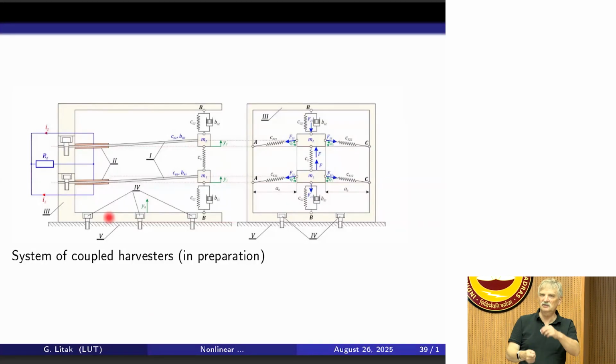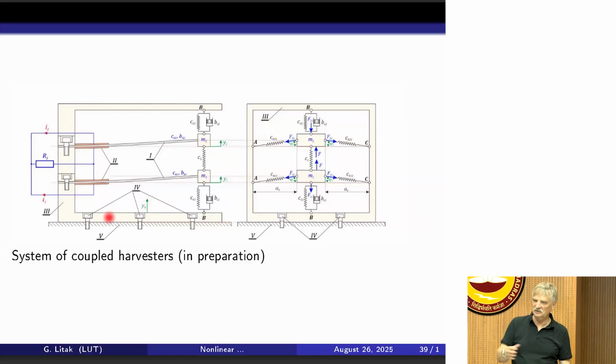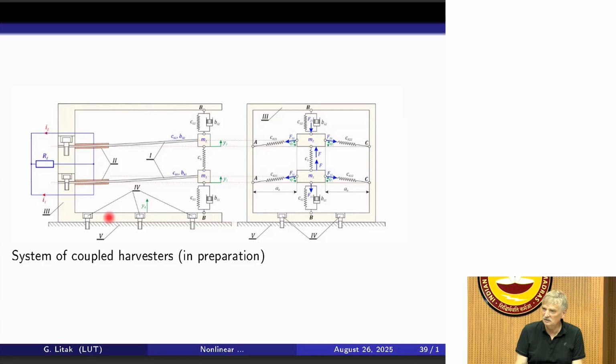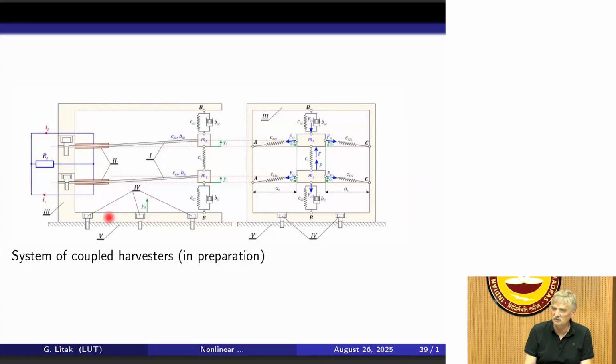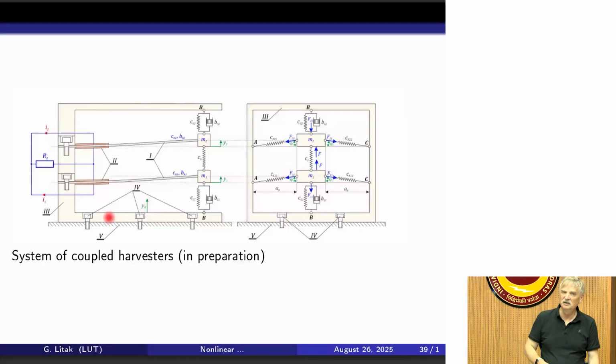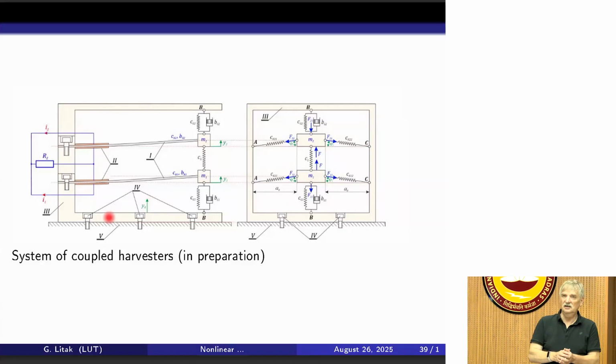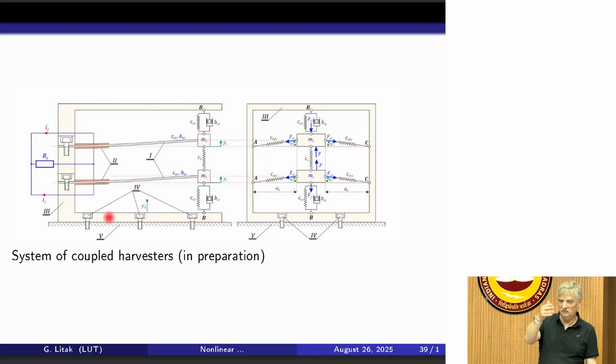However, they also interact with each other, and you have some effect of coupling. For example, it could be important if you have slightly different parameters, and you could have some tendency toward a subharmonic solution in one oscillator while the second is non-resonant, but because of the coupling, you can synchronize these two.